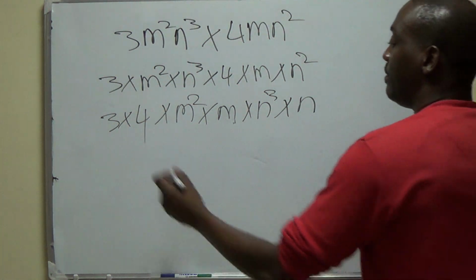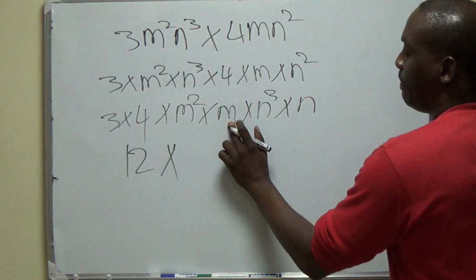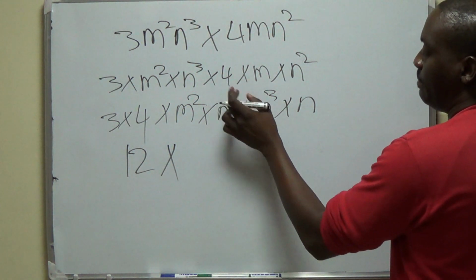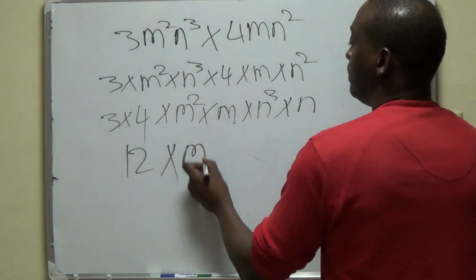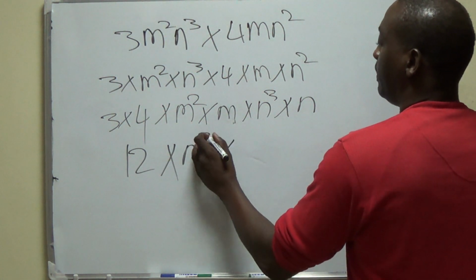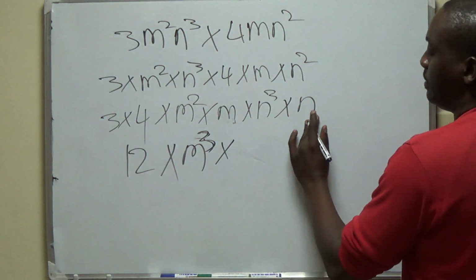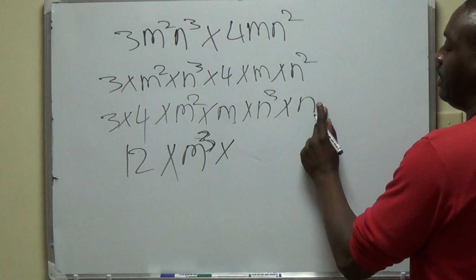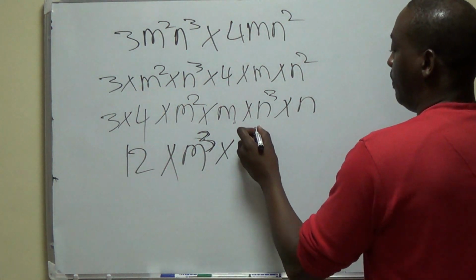So your next line would be 4 by 3 is still 12 multiplied by m squared by m, you add the powers. This m here is m to the power of 1, the 1 is understood, so 2 plus 1 is 3, 12 by m cubed multiplied by n cubed by n, you add the powers, 3 plus 1 is 4, so 12 by m cubed by n to the power of 4.